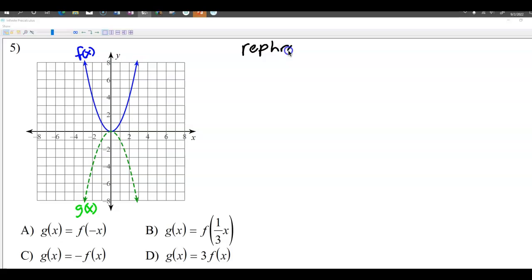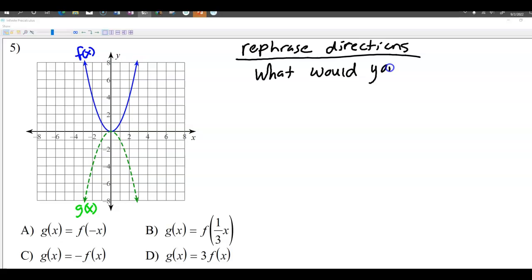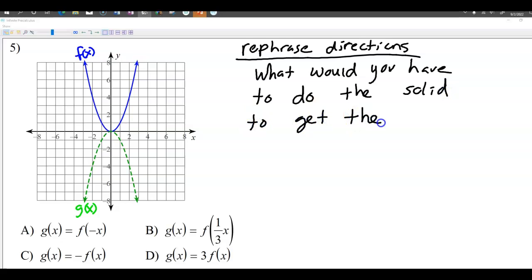So let me rephrase the directions. I think those directions wouldn't have made sense to a lot of us, so I would write this down if I were you. Here's how I would rephrase that: what would you have to do to the solid line to get the dotted line?